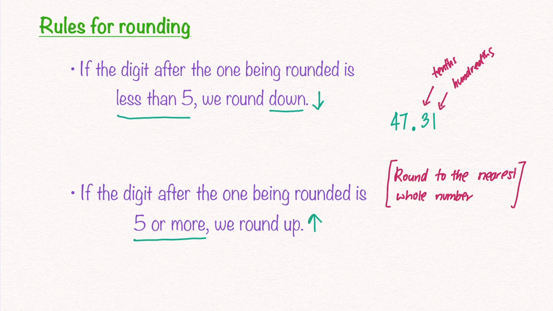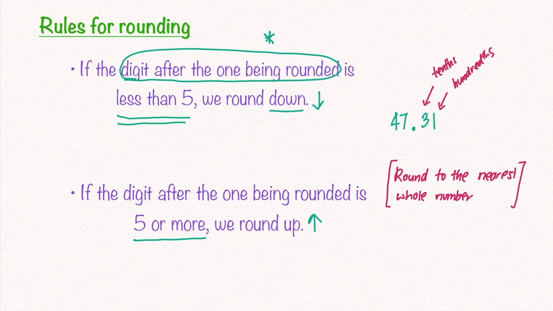We need to identify what it means by the digit after the one being rounded. And once we know what that digit is, then we need to check whether that is less than 5 or whether that is 5 or more. Less than 5 includes 0, 1, 2, 3, and 4. 5 or more contains 5, 6, 7, 8, 9.